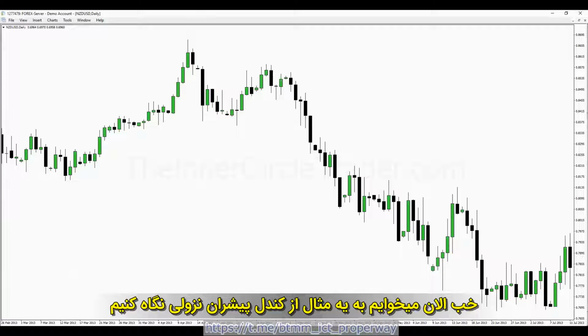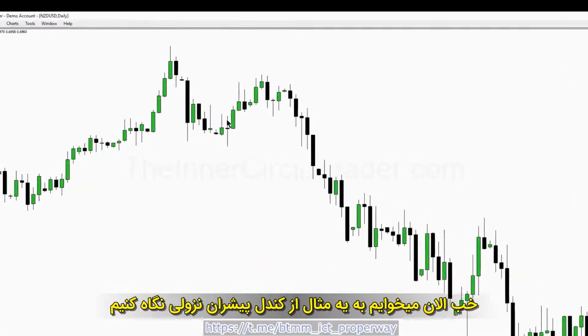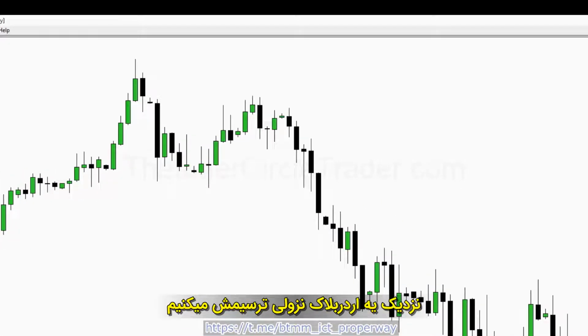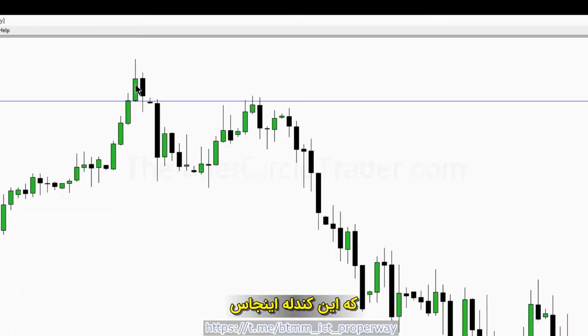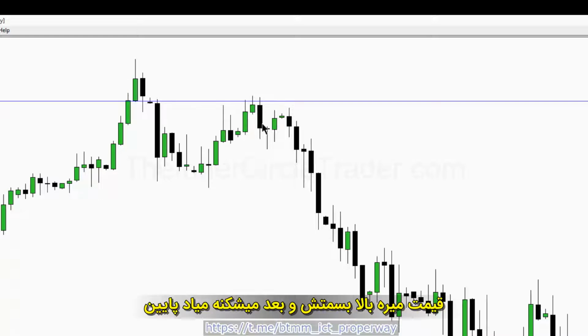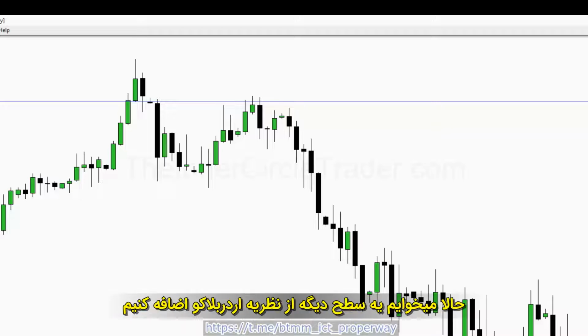Okay, we're going to look at an example of a bearish propulsion candle. We're going to frame it around a higher bearish order block. It's this candle right here. Price trades up into it here, breaks down. So now we're going to add another level of order block theory.